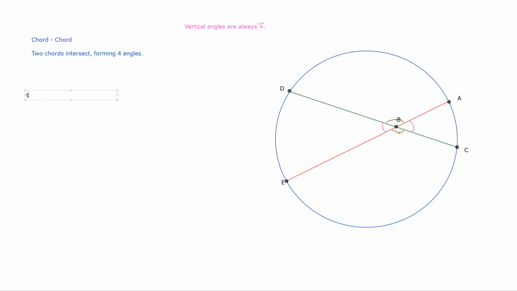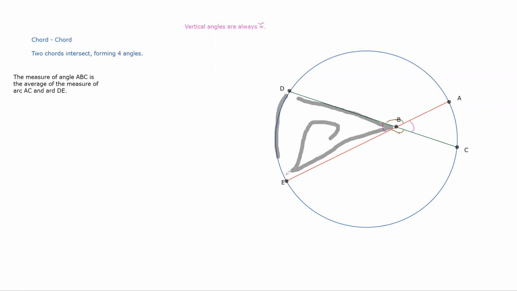The measure of angle ABC is the average of the measure of arc AC and arc DE. Now this holds true for the other angles. So the measure of angle DBE would also be the average of these two arcs.